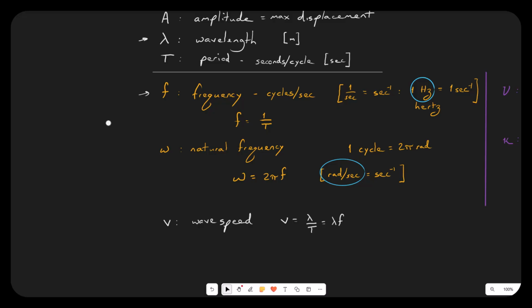The period is easier to see on a graph or on a representation of the wave, but if you use the frequency, it means that your equations generally don't have fractions in them, which is kind of a nice deal. So we've got a wave speed, which is in meters per second, a wavelength in meters, and a frequency in hertz. Amplitude is also in meters. Those are the major properties of a wave.